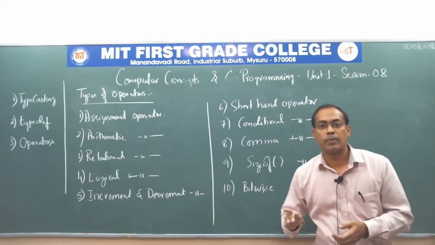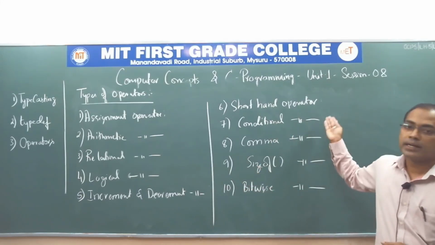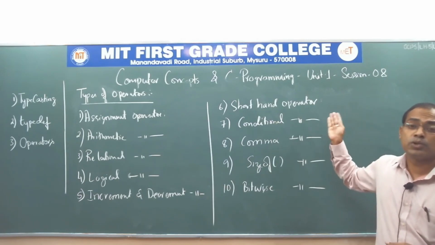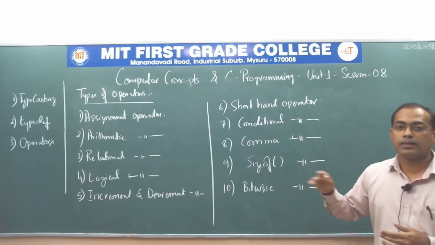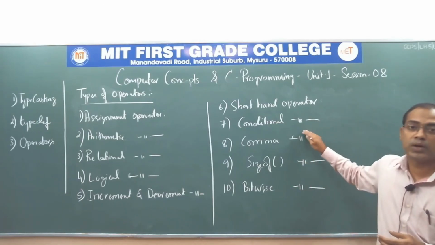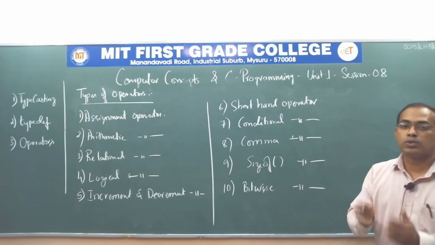Then you have the conditional operator. Just now we saw what the conditional operator is, which is nothing but the ternary operator, used for two-way decision making, either true or false.